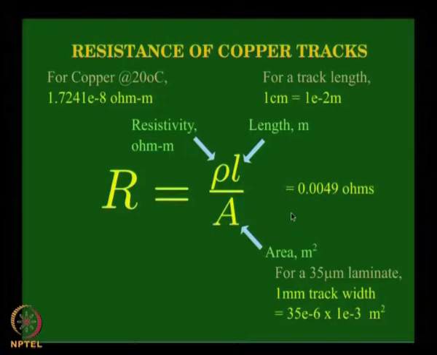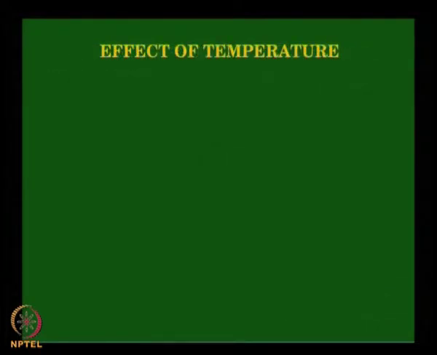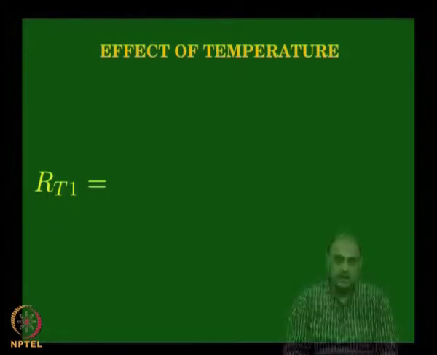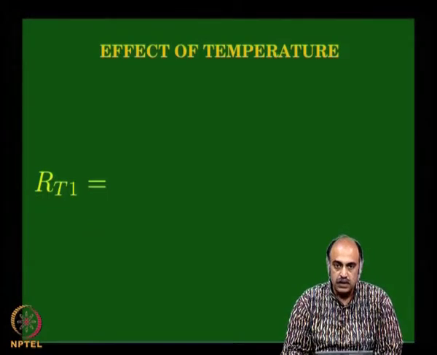Now, let us go back to the slide and see the issue. Another issue we have with the resistances is the effect of temperature. Not only do we have finite resistances due to the track widths, temperature also plays havoc with our circuits and their functionality. So, consider the resistance of the track at some temperature T1.